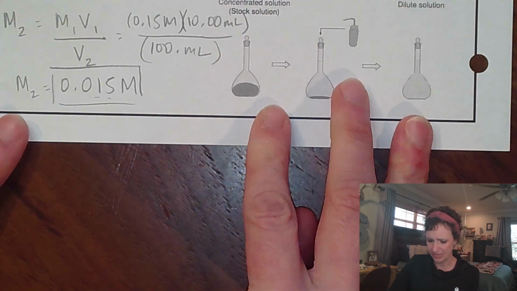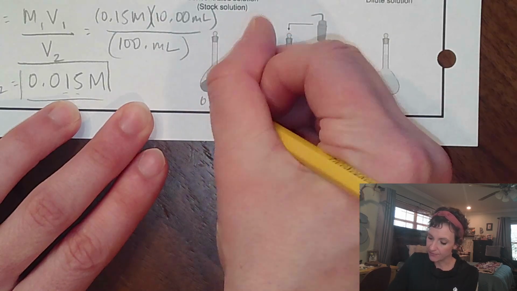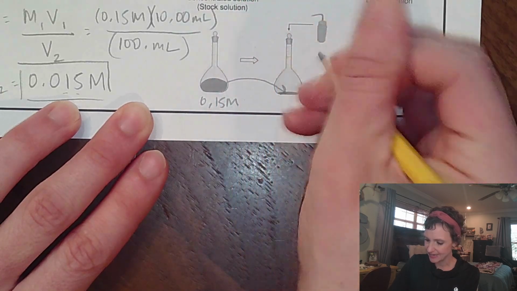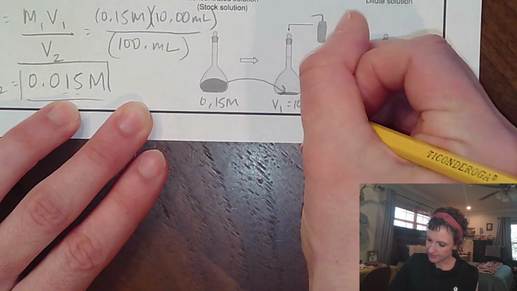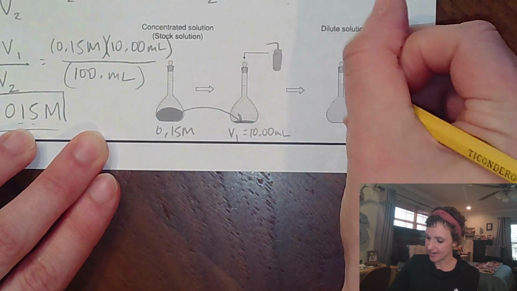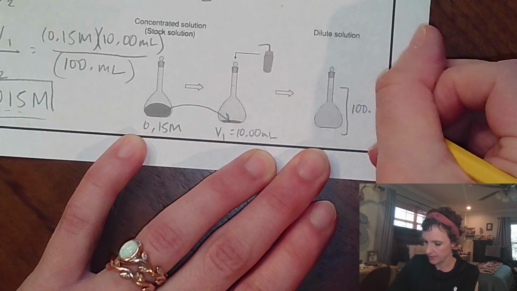And so here on my little picture, as a reminder, this was my original 0.15 molar stock solution. I removed from it 10 milliliters, and then I watered it down to create a total final volume of 100 milliliters.